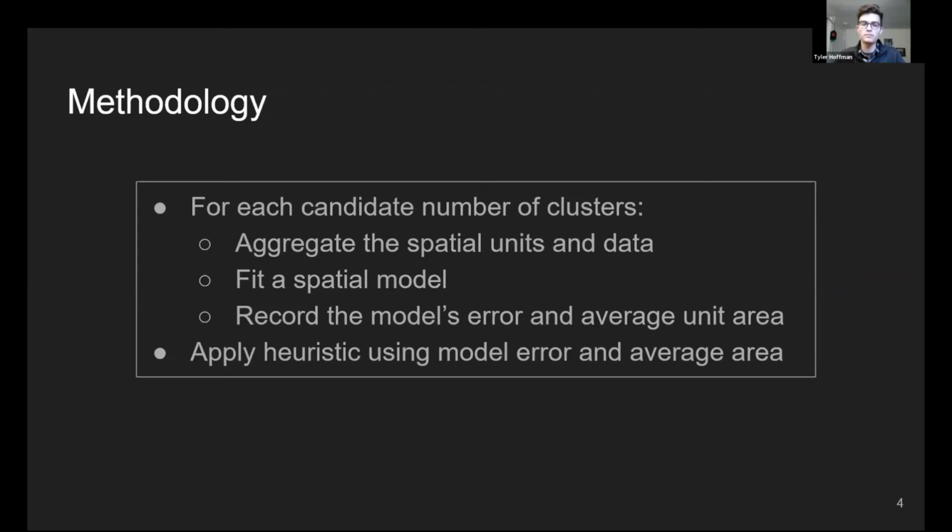In this way, we have attempted to devise a heuristic that uses the model's information along with demographic data, or data that is simply endogenous to the spatial units, in order to define a clustering that more accurately fits whatever phenomenon the analyst is trying to observe.